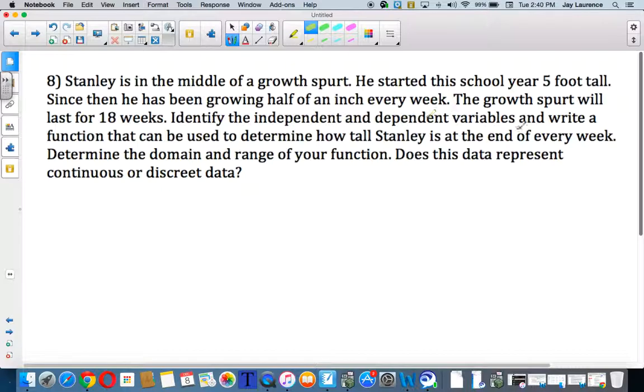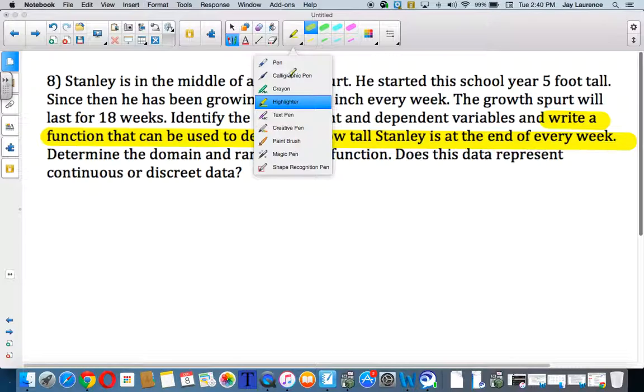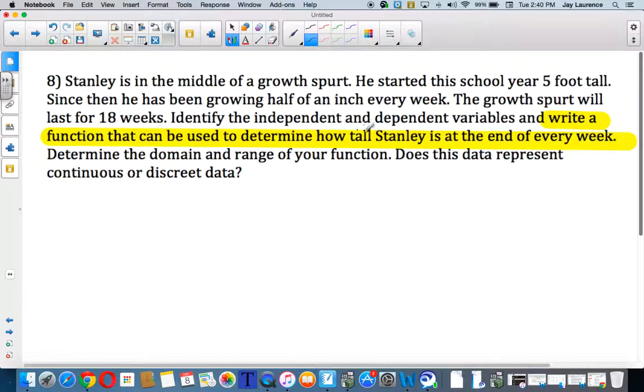Write a function that can be used to determine how tall Stanley is at the end of every week. I see my two things that are changing. One, his height is changing, right? How tall he is. And two, it's every week. The weeks are changing.